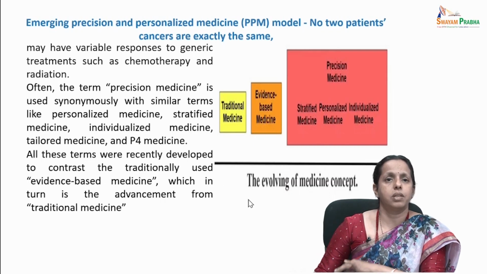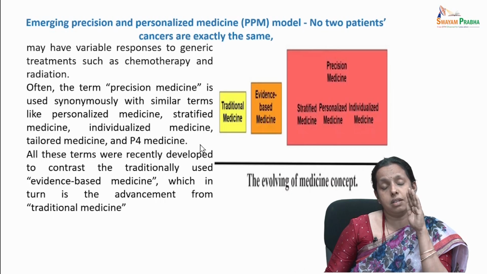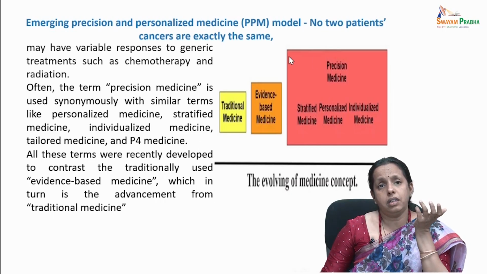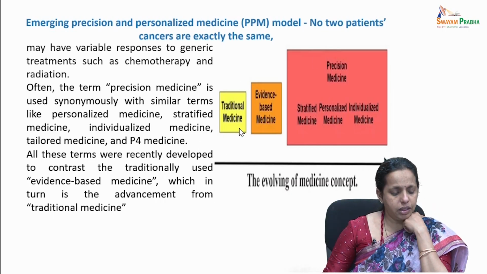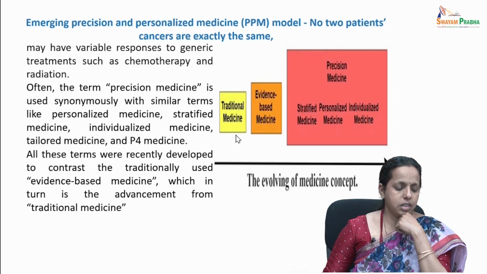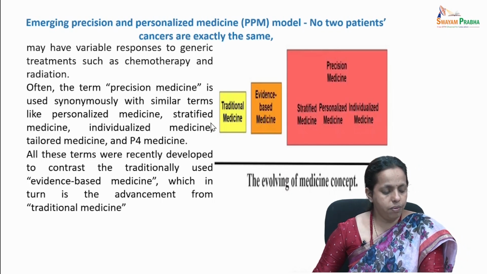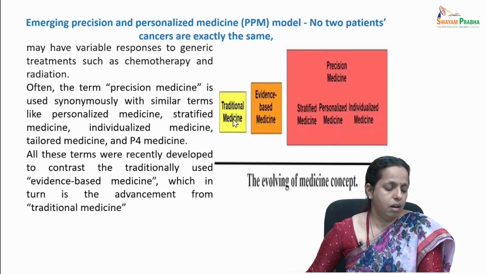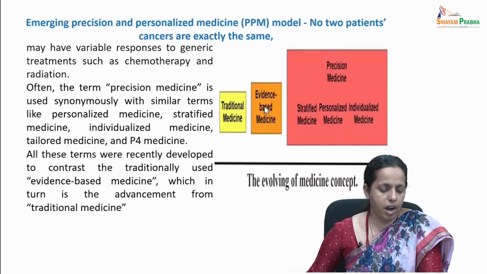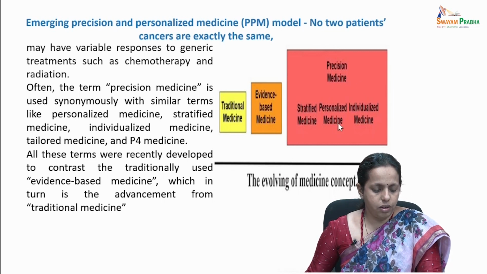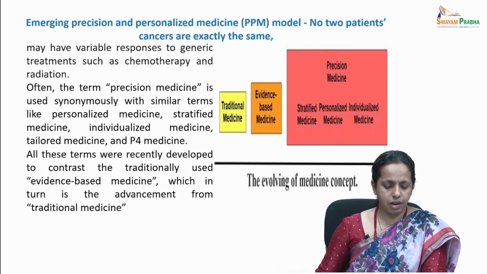Such wonderful terms. But this is completely in contrast to the traditional methods, which is more evidence-based medicine, which in turn comes from traditional medicine. From traditional medicine, you have evidence-based medicine, then the stratified, personalized, and individualized.